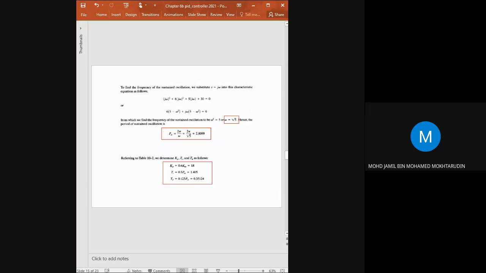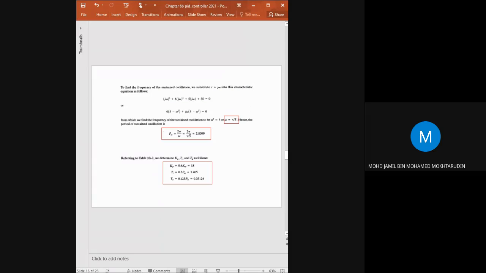Hence, the period of sustained oscillation is Pcr equals 2 pi over omega. Omega is square root 5, so you get Pcr equals 2.8099.